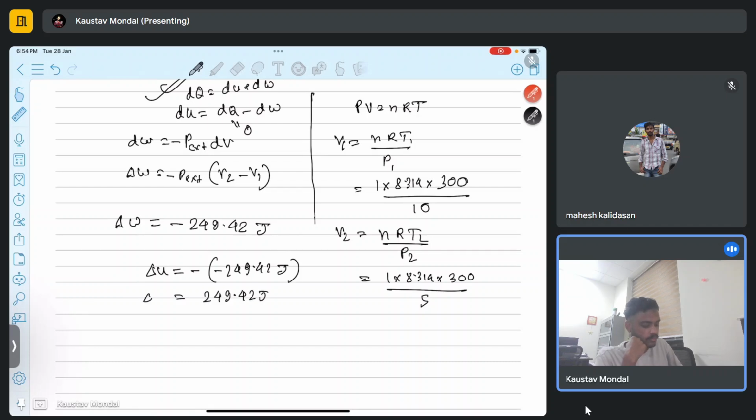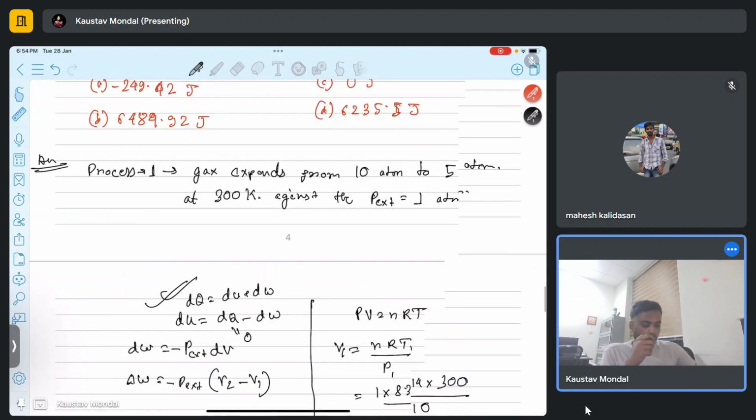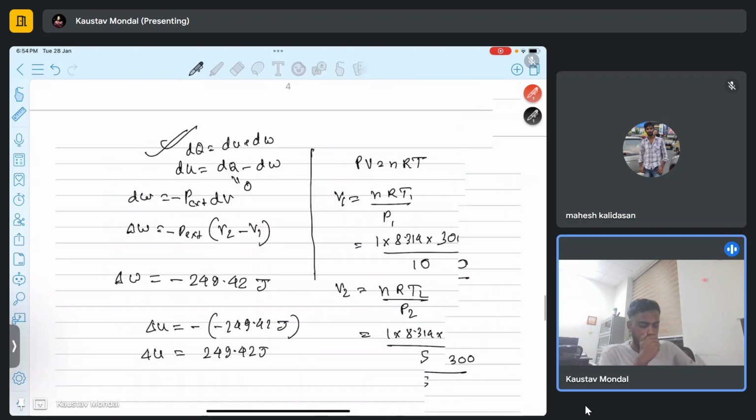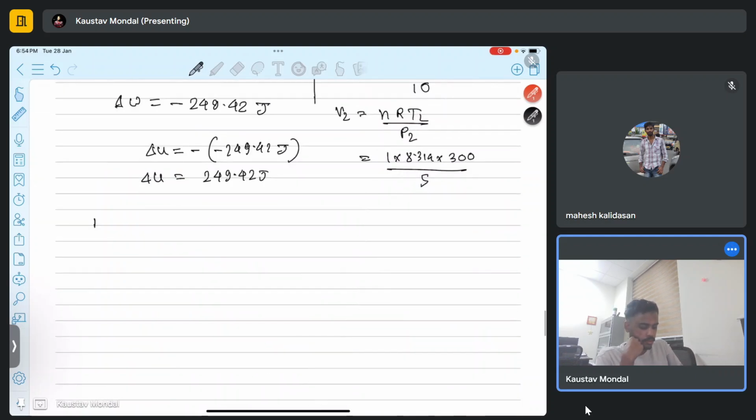So minus minus will become plus, 249.42 joule. So this will be delta U. Remember, this is process 1 that is happening, right? Now next we come to process 2.